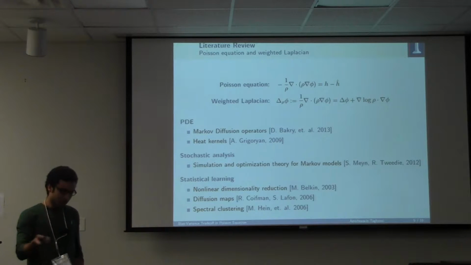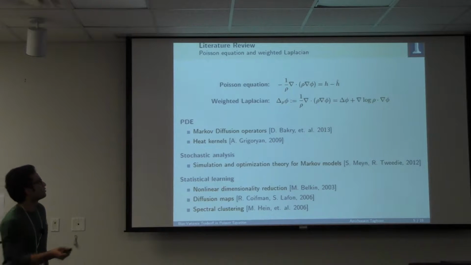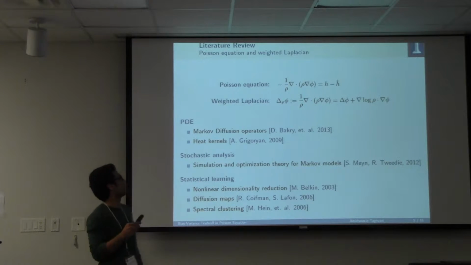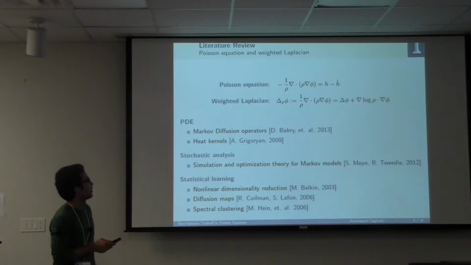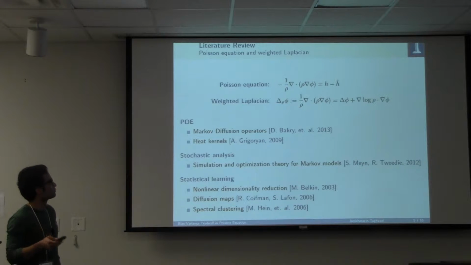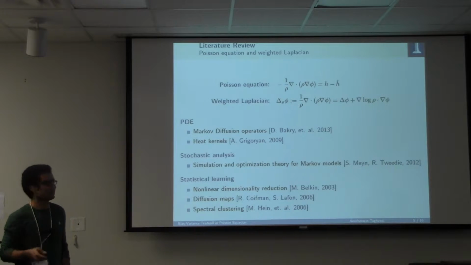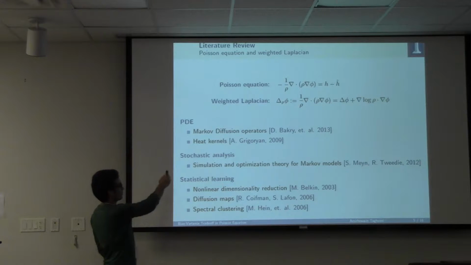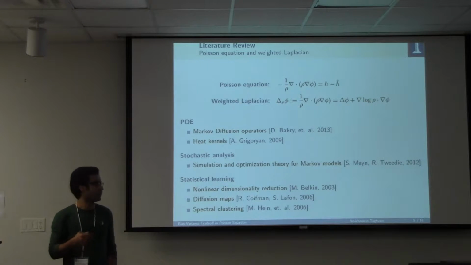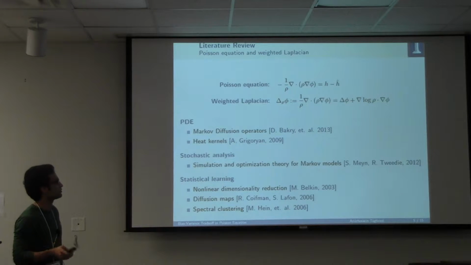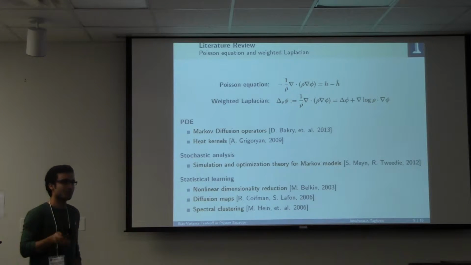So the Poisson equation appears a lot in the literature. So here's a definition. The operator on the left-hand side is called the weighted Laplacian, and we use that notation. The weighted Laplacian has been studied as a generator for Markov diffusion operators. The associated heat kernel is also well studied. In the context of stochastic analysis, the Poisson equation identifies the value function.